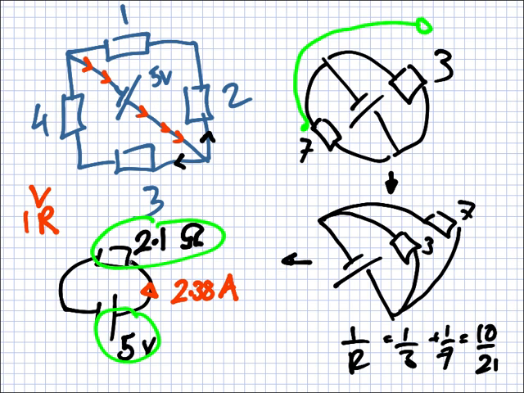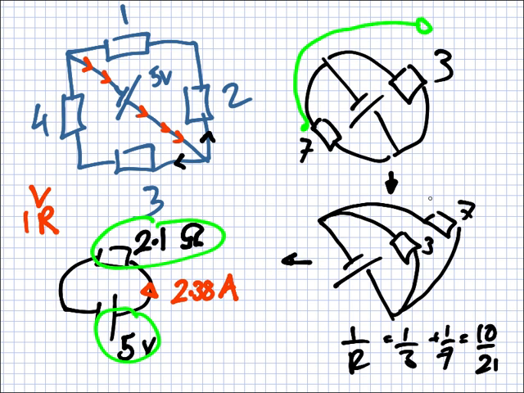So what is the voltage? 5 volts. So this should be 5 volts. If I use this triangle, I is V over R, so this is 5 over 3 and 5 over 7.